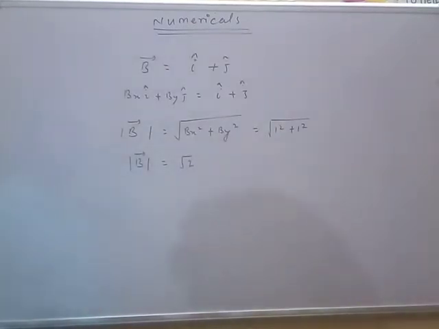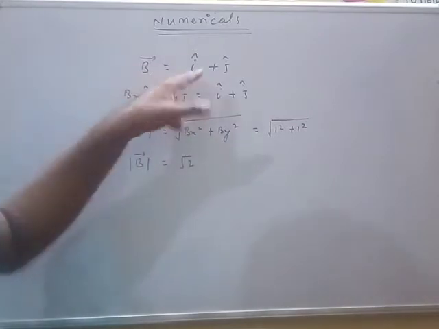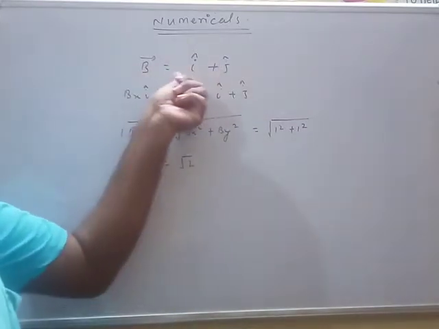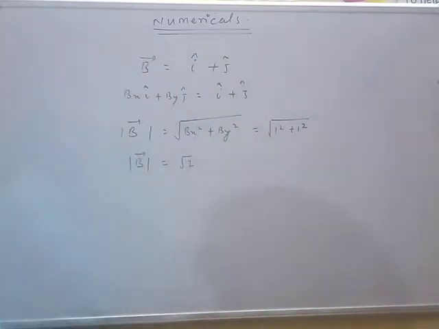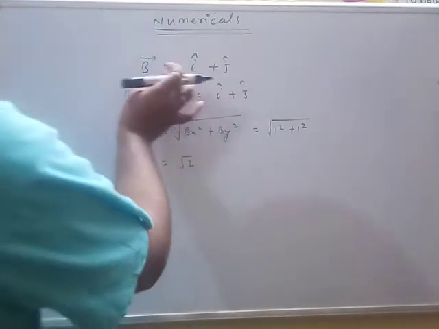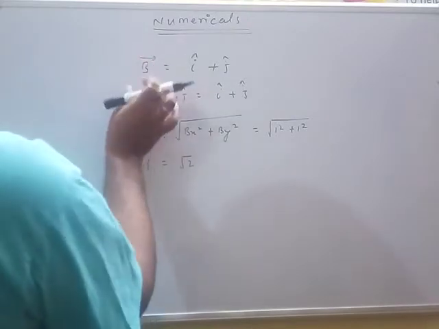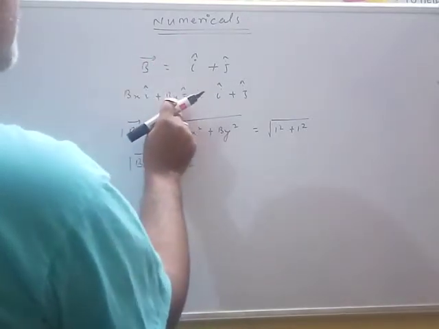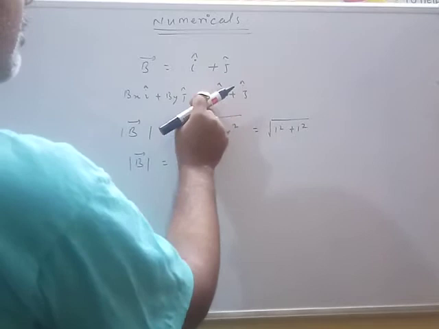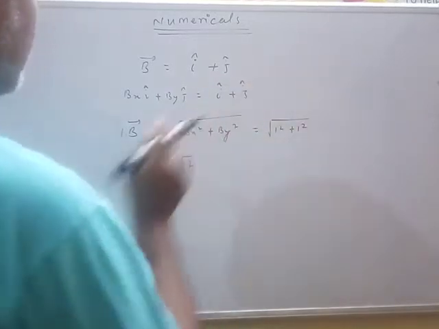Let B be the given vector, B equal to i plus j. It means we are representing i plus j by some vector B. Now vector B may be written as bx i plus by j, which will be equal to i cap plus j cap.